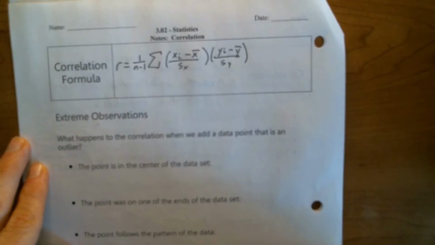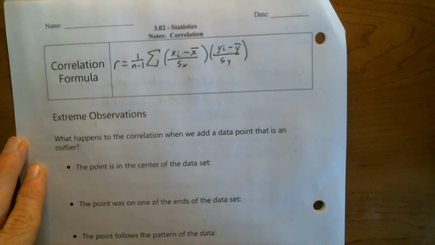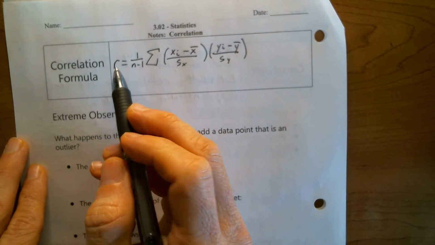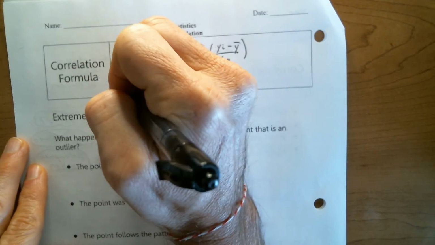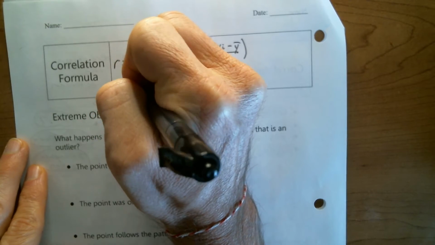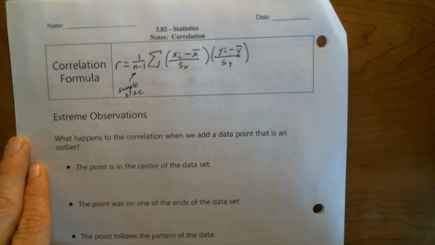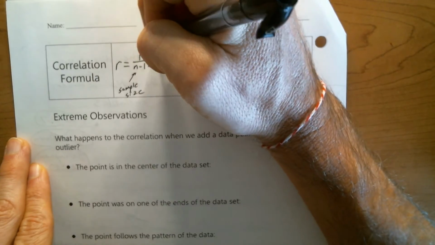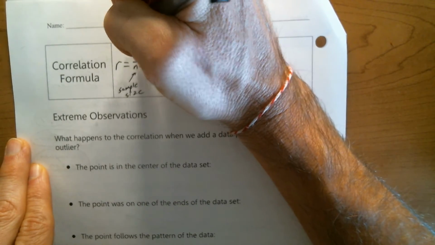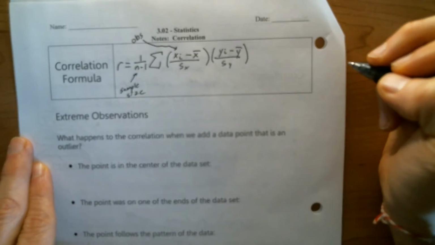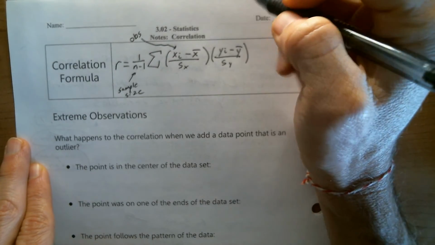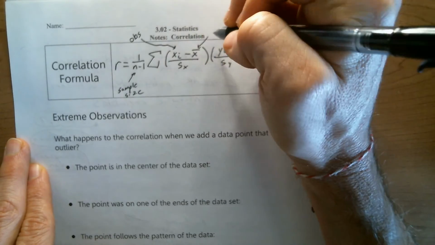All right, so let's just make sure that we're clear on everything here. r is the correlation. n is your sample size. x sub i is your observation. So that's the part that keeps changing as we go through all the points that are part of your scatter plot. x bar is your mean.